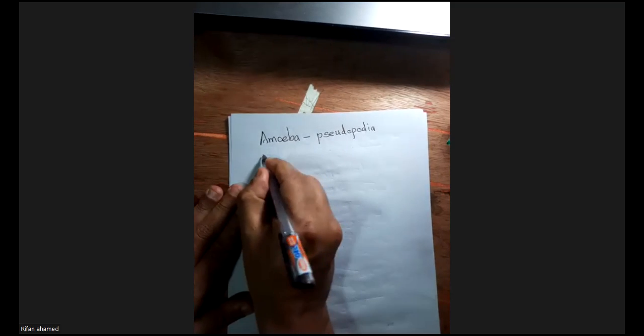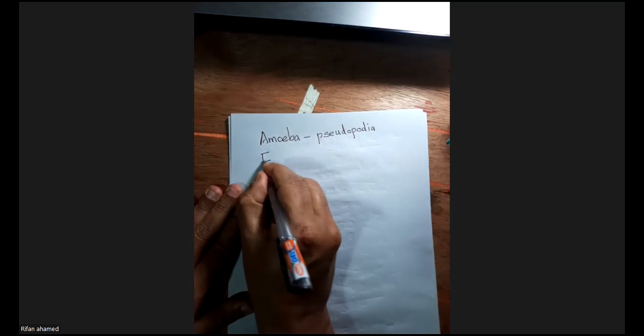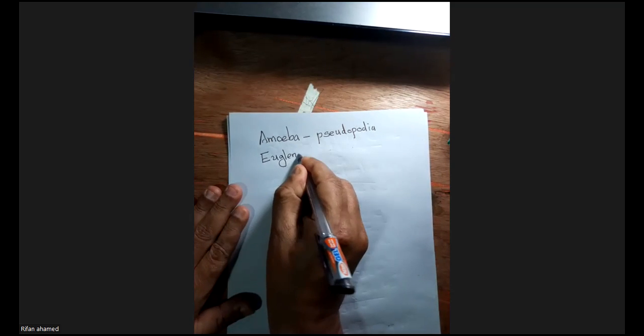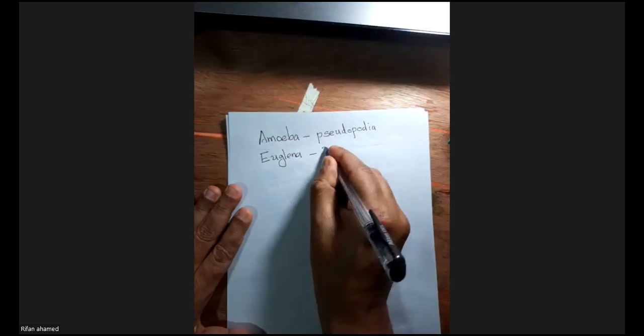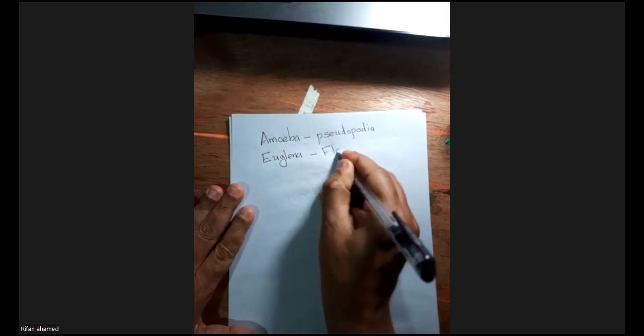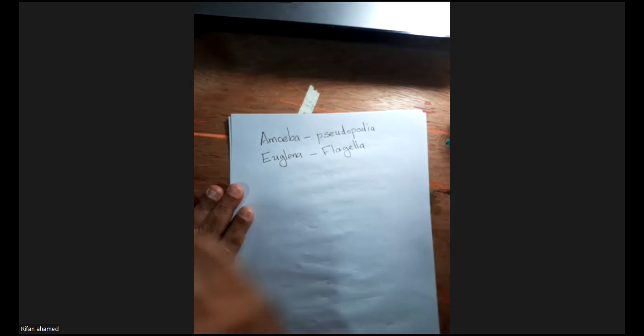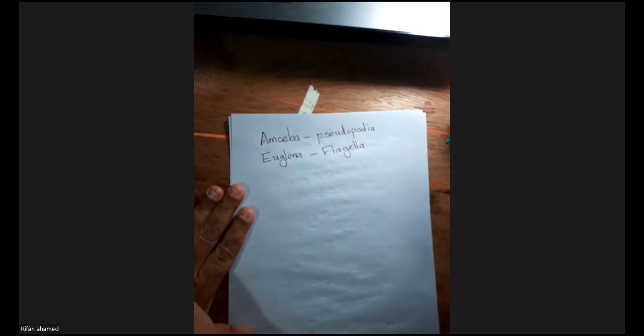The second given organism is Euglena. Euglena uses flagella to move from one place to another place.